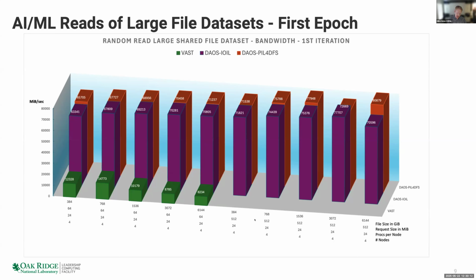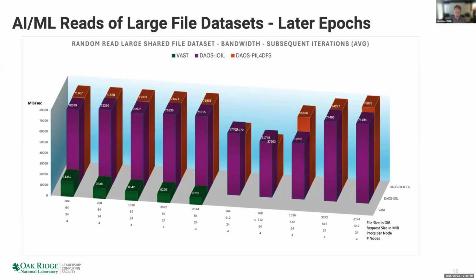In the case of a single shared file, it doesn't matter so much because you're not doing very many file operations. And so the IOIL performance is much closer to what we're seeing with pill for DFS. And the interesting thing here for VAST, we don't have all the data yet, but it seems to decrease with the size of the shared file. So we're going up to 6 terabytes, and then it just keeps going down.